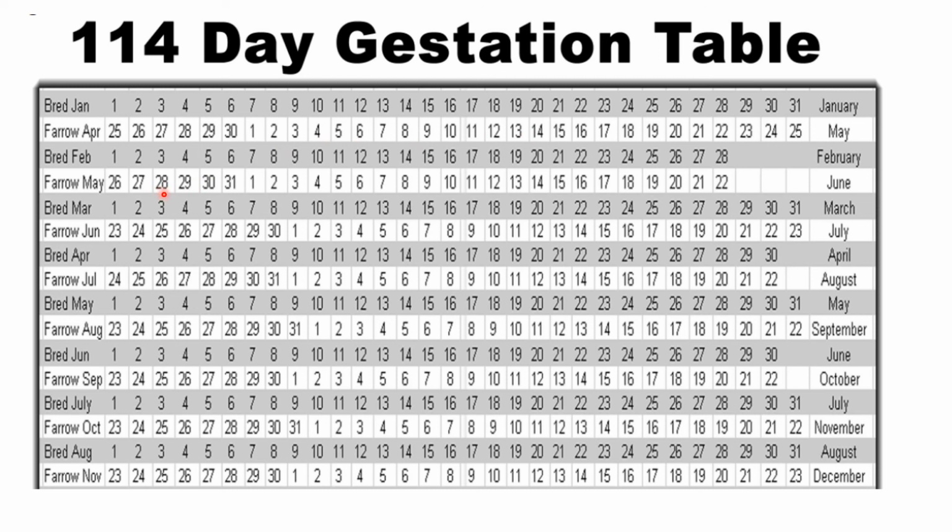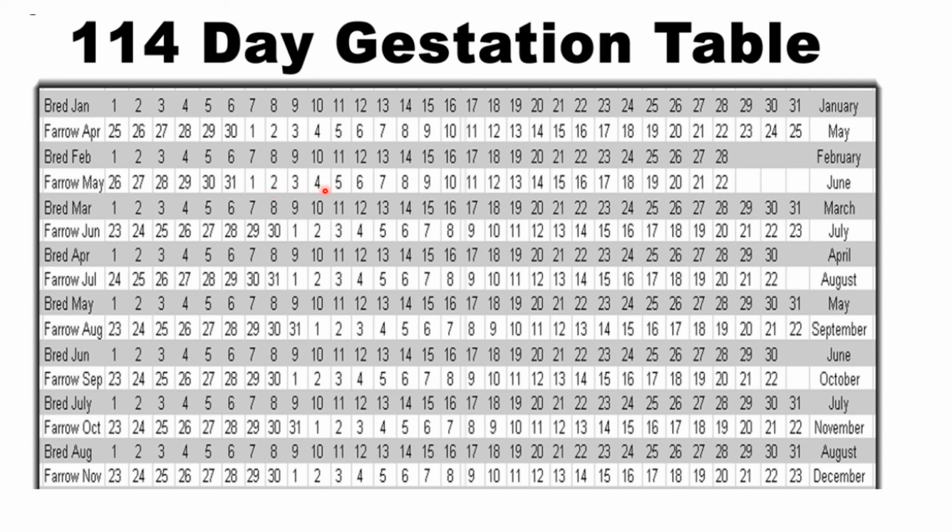So you are at May 28. The lactation period is finished. And then you count again 5 days: 1, 2, 3, 4, 5. So at June 2, at this part, June 2, check if there are signs of heat already. If there are signs of heat, then you can mate her.